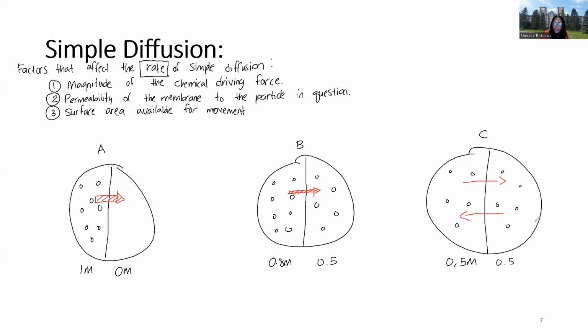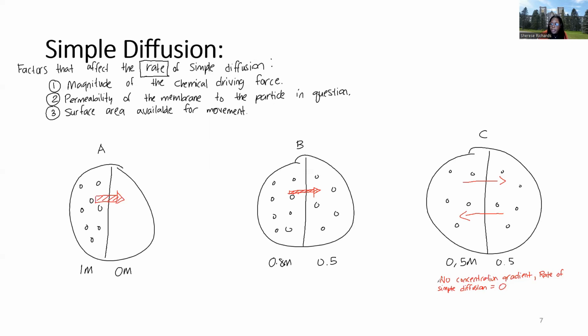So in scenario C, there is no concentration gradient. Therefore the rate of movement equals 0, right? So the rate of simple diffusion equals 0. So there's no net movement.